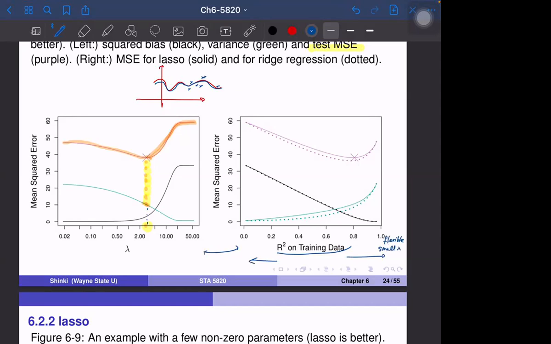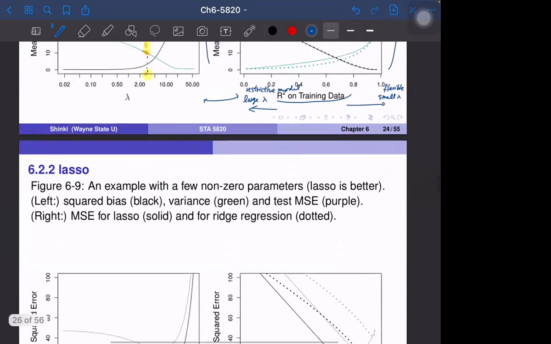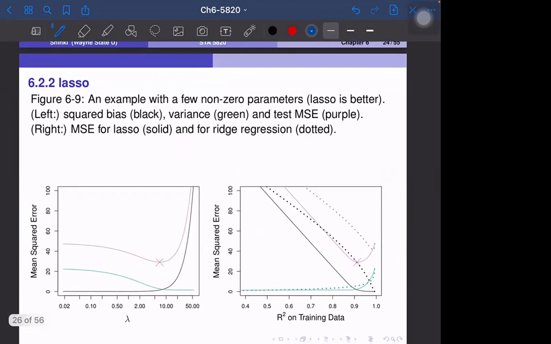In the other direction, R square on the training set is small, so the model is less flexible, which means a large lambda, a more restrictive model. I think this is a little bit irrelevant, so you can see just the left figure. You have some optimal point of lambda.